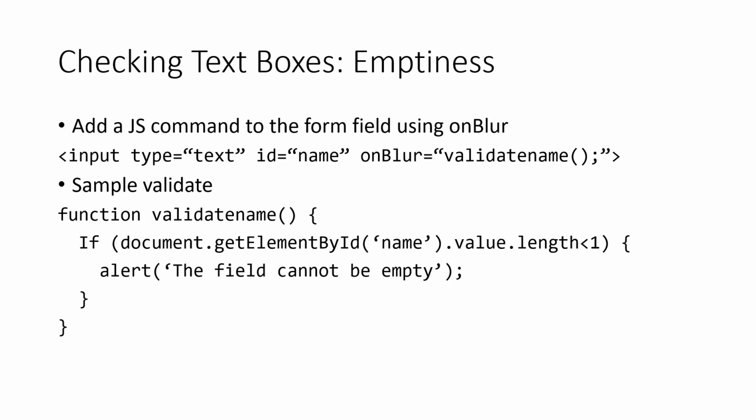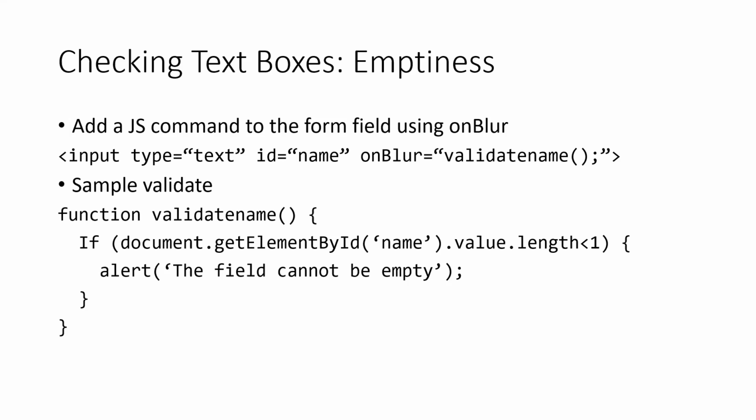And then one attribute that we can use is onblur. When you say onblur, that means the element loses the focus. So when you are going out of the text box, it should execute validateName.